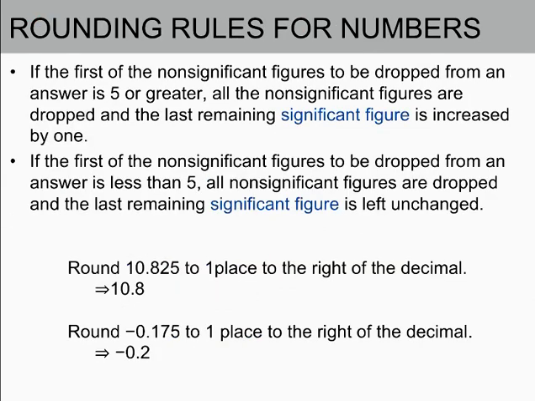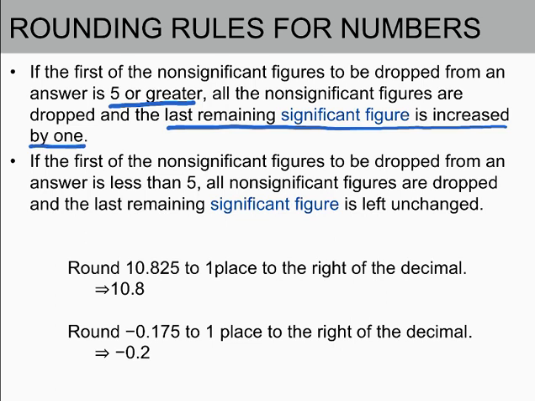And the last thing we're going to cover today are rounding rules for numbers. You might have learned this before in previous math courses, but just as a quick reminder, if the first of the non-significant figures to be dropped from an answer is 5 or greater, then all of the non-significant figures are dropped, and the last remaining significant figure is going to increase by 1.